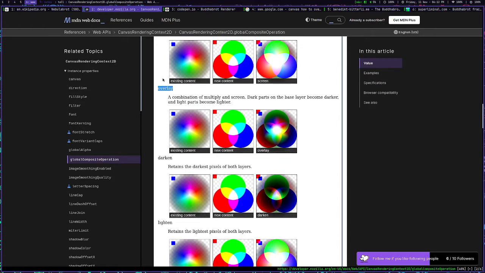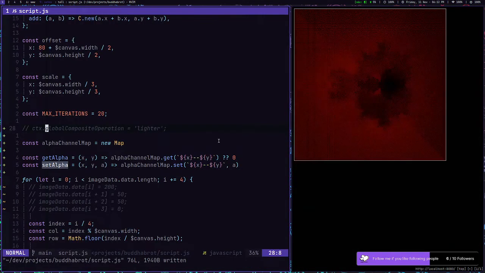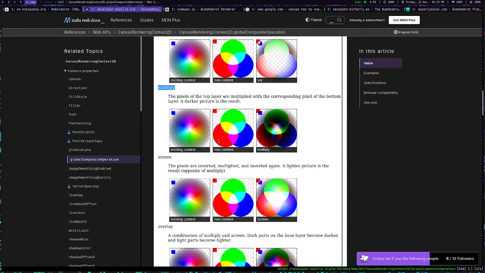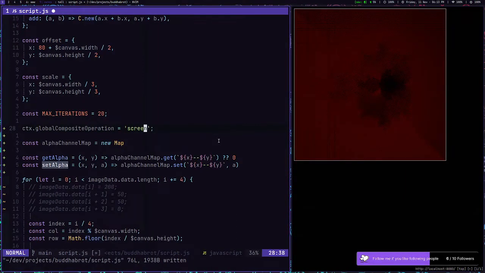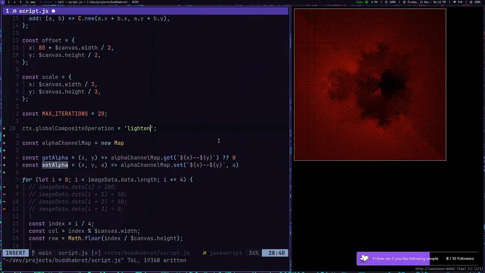Let's try all of these. Let's see what happens. Let's see, multiply. Okay, that became darker. Screen. Lighten is what we had before.